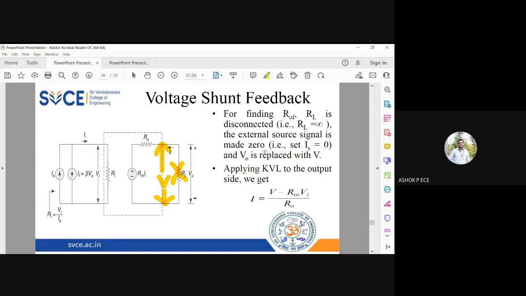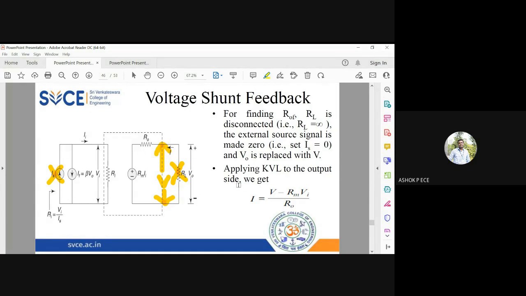And whatever input I have, make it 0. So Is equal to 0 means I'm going to open the current source, or I can remove the current source from the diagram.